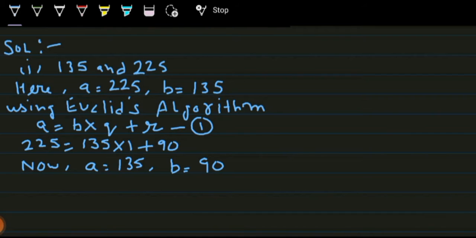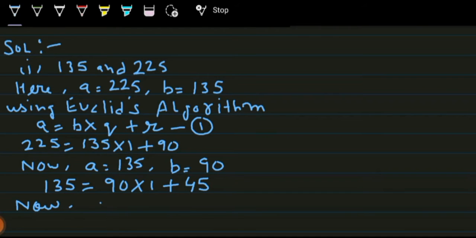Again using the formula and putting the values in equation 1, we get 135 equals 90 into 1 plus the remainder, which will be 45. Now again A will become 90 and B will become 45.